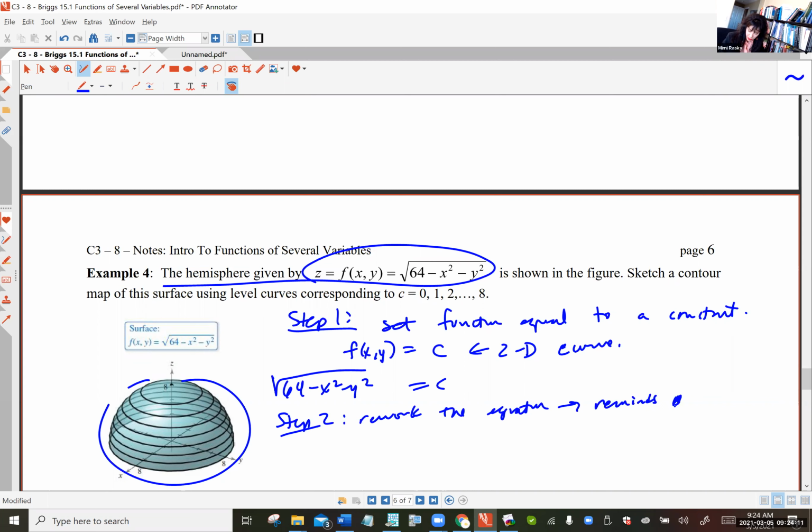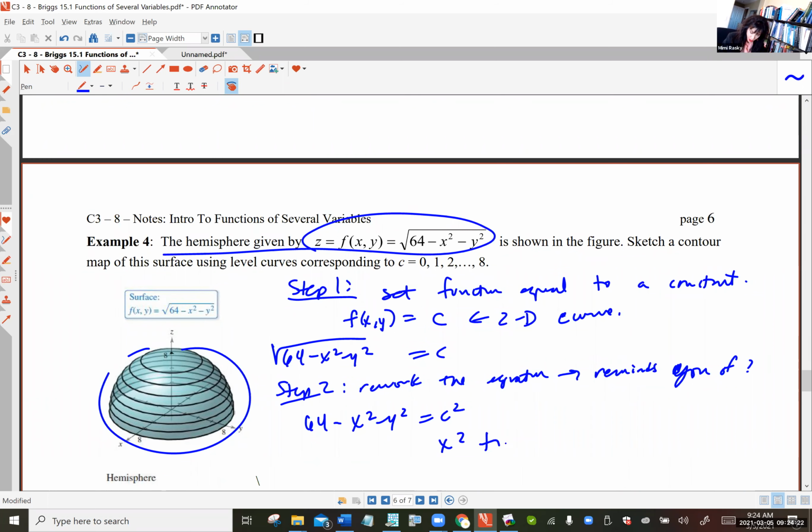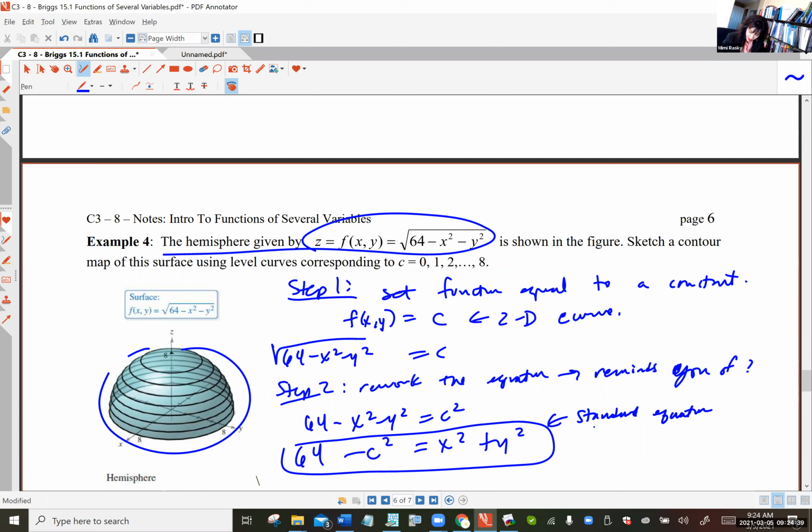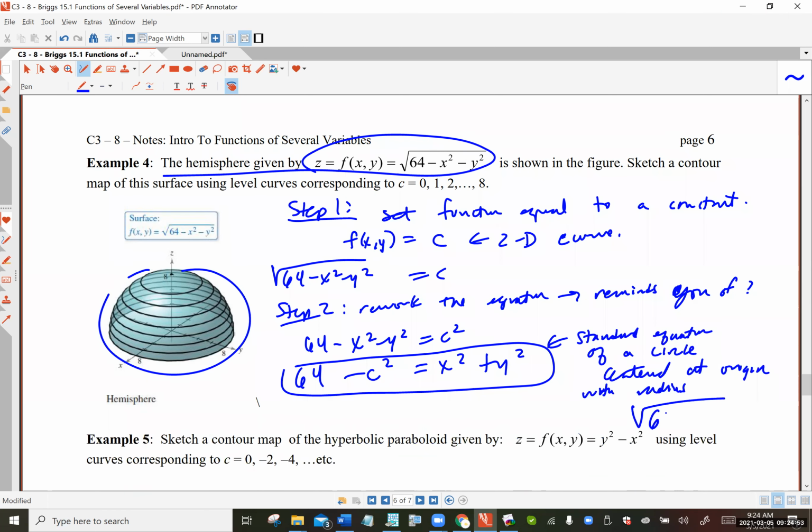If I square both sides of this equation and then rewrite it where I get the x squared and y squared terms on one side and the constant term on the other, I claim this equation looks like the standard equation for a circle centered at the origin with radius, well, the square root of whatever 64 minus c squared is. The square root of that funky number that you see on the left-hand side there.